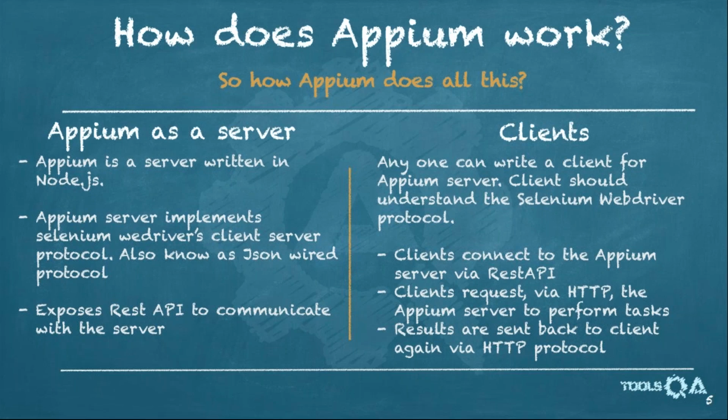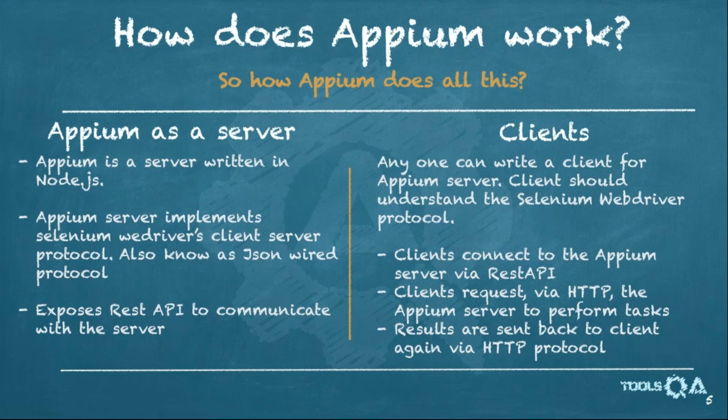The best part of Appium is it is built on top of Selenium WebDriver. Okay. So Selenium WebDriver is, again, a server which will basically serve your request, and it works on JSON wire protocol.